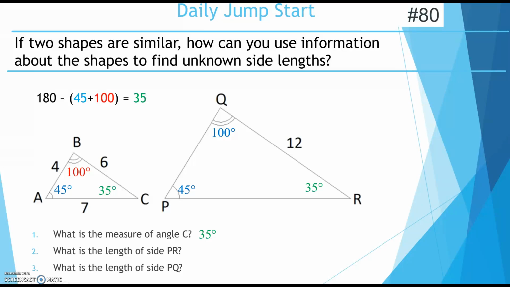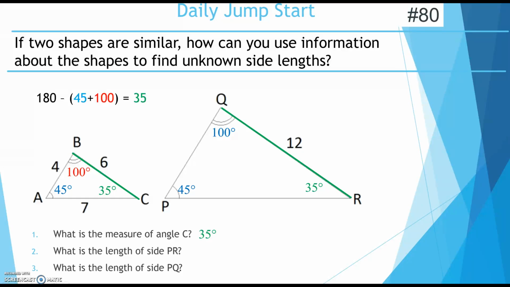You notice in the smaller triangle, we know all of the side lengths. And in the larger triangle, we are missing two of the side lengths. The first thing that I want to do is identify corresponding sides. So I'm going to highlight the corresponding sides here. The first one in green, so side BC and side QR here are in the same relative position in this triangle.